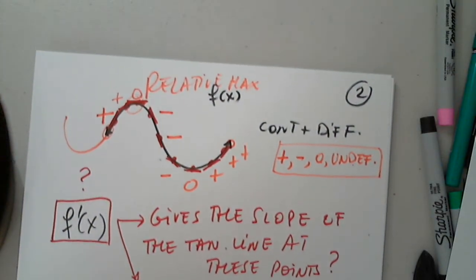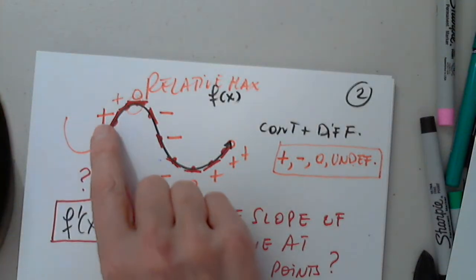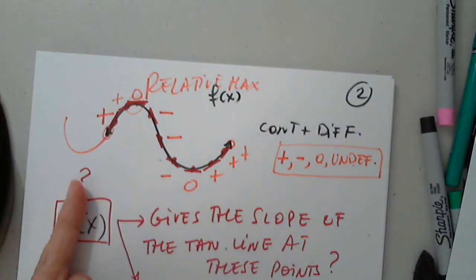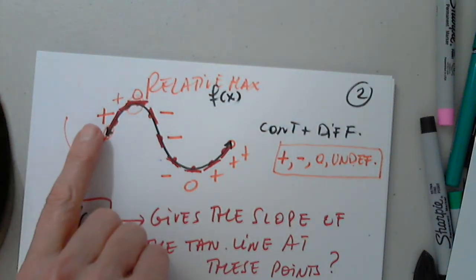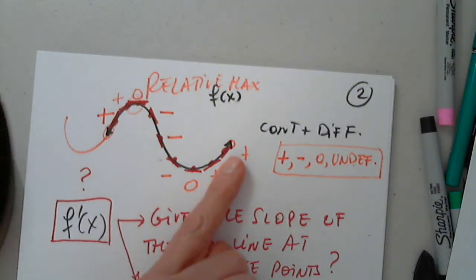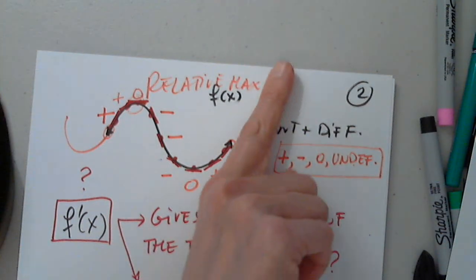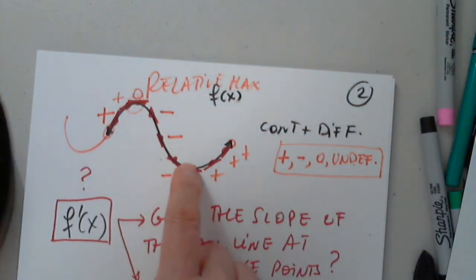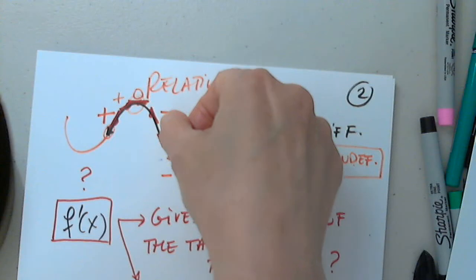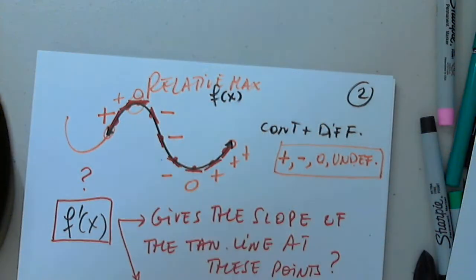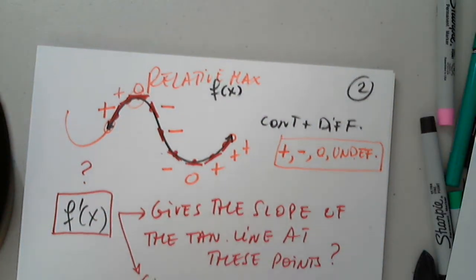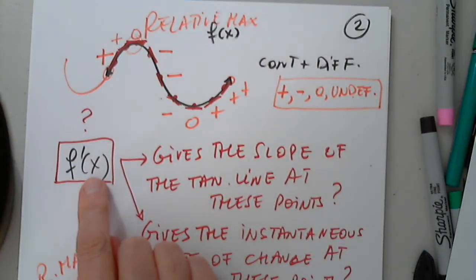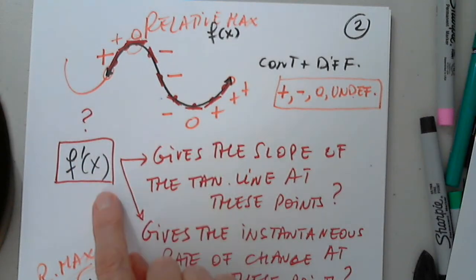Also, I want to explain something else. See, when the derivative is positive, what does the function do? Increase or decrease? When the derivative is positive, the function increases always. When the derivative is negative, what does the function do? Decrease. Yes. So the derivative is big news for the function. Why?